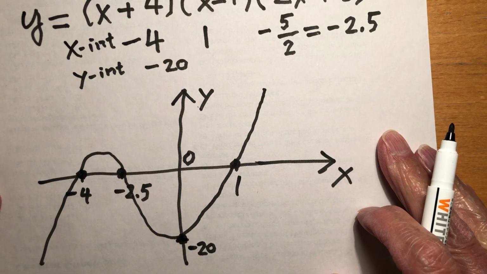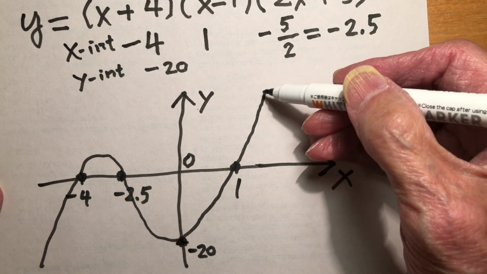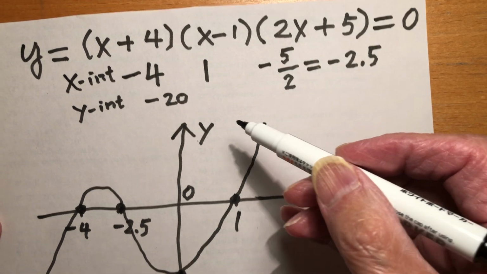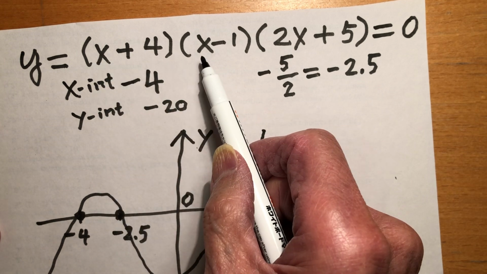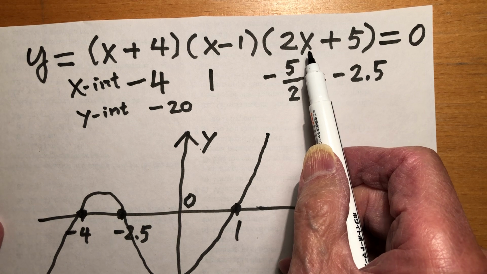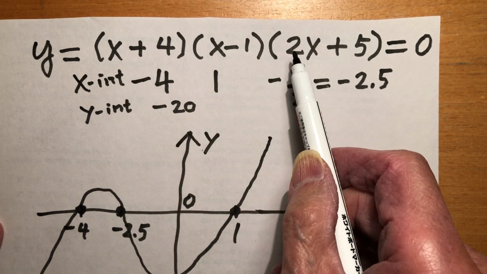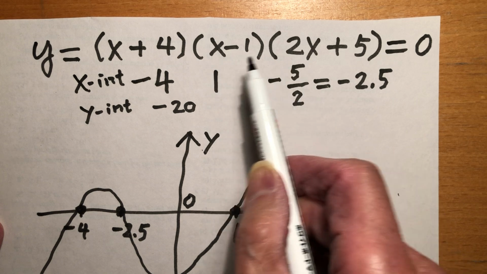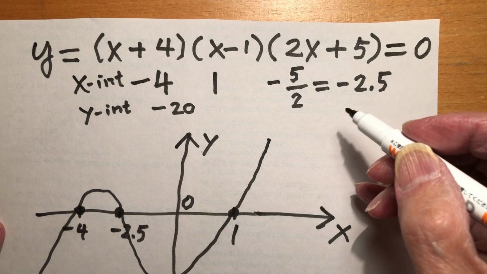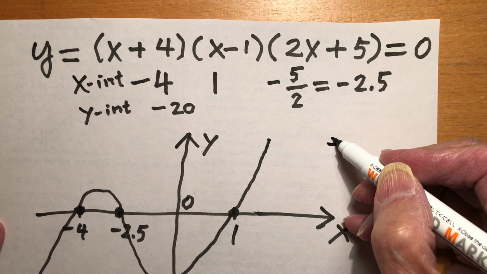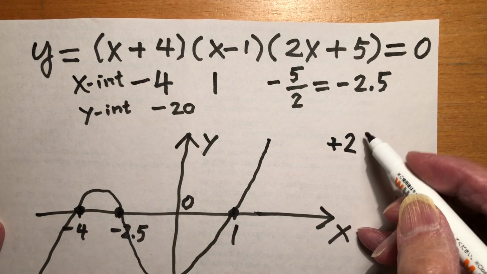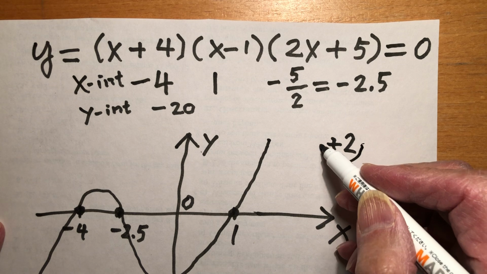Another thing which decides whether I start from the first quadrant or fourth quadrant is this. X times 2x is how much? X times 2x is 2x cubed. So the leading coefficient is 2. It's +2. Because it's +2x cubed, the leading coefficient is positive 2.